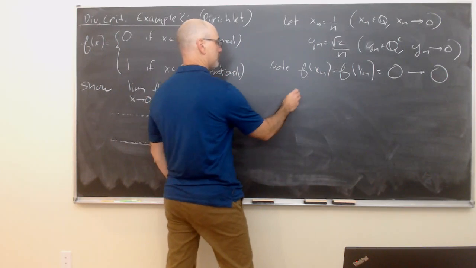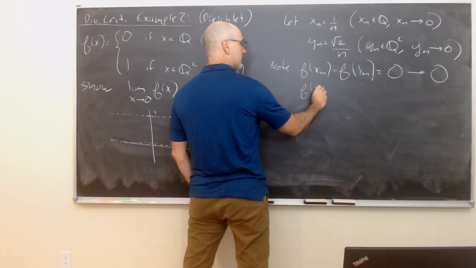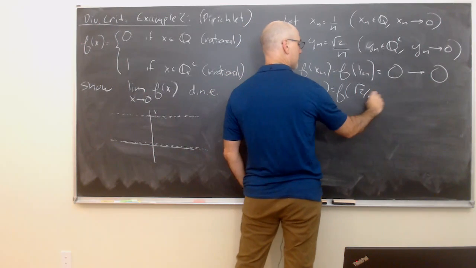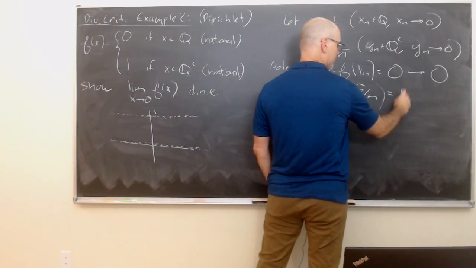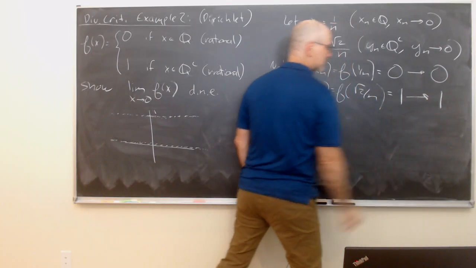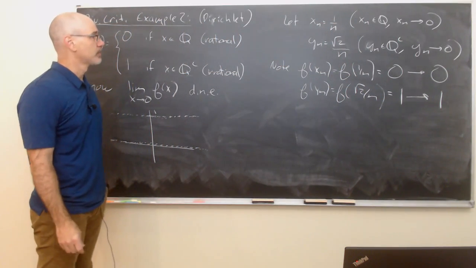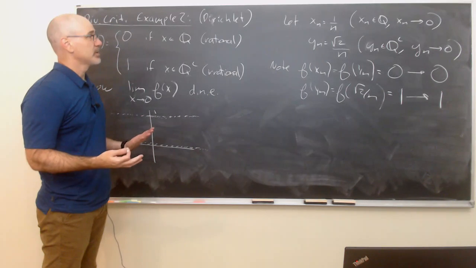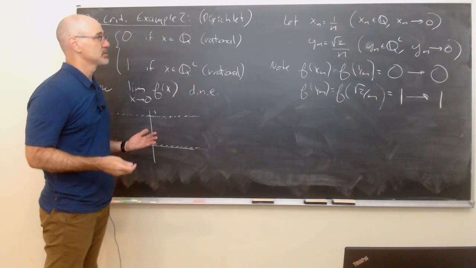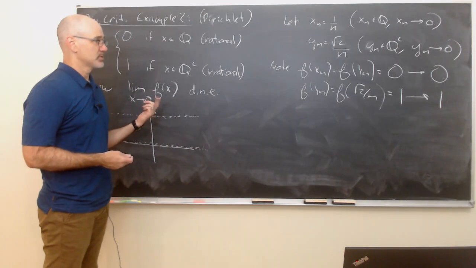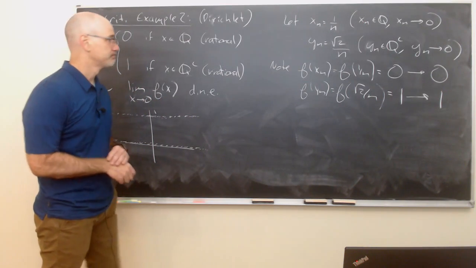It's a constant. And f of y sub n is f of root 2 over n. All of those are irrationals, and so they all evaluate to 1, and so the limit is also 1. All right, so we've done what we needed to. Two different sequences, both converge to 0, but the limit of each sequence under f turns out to be different.